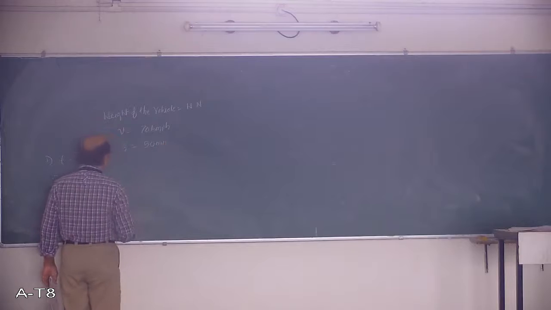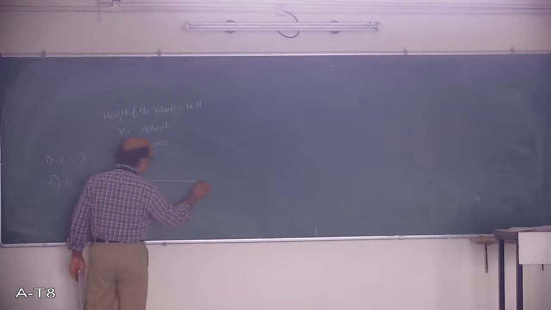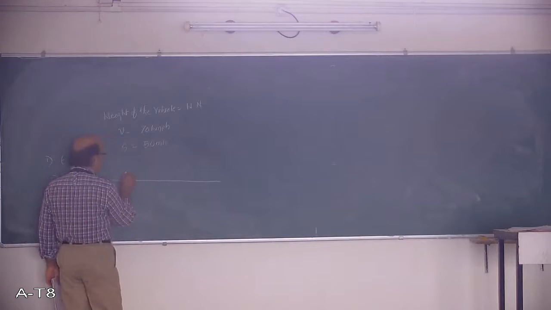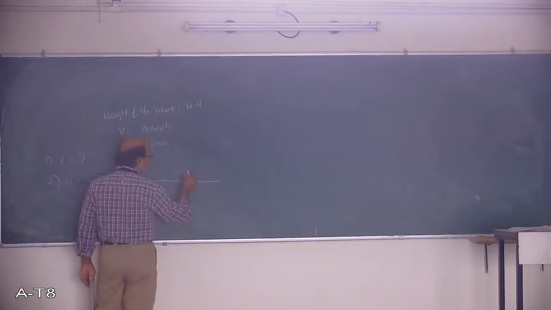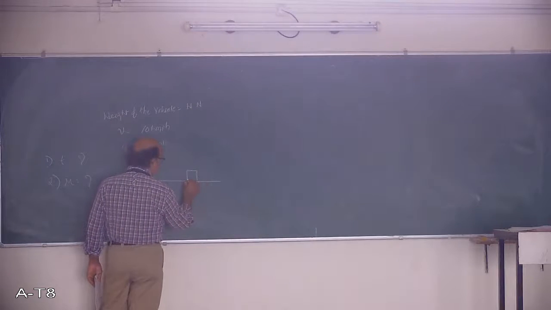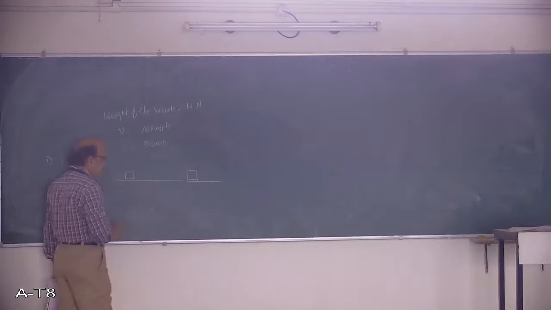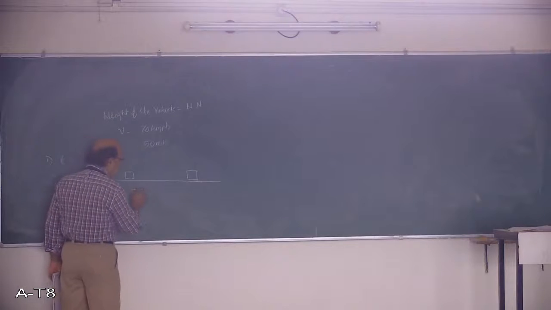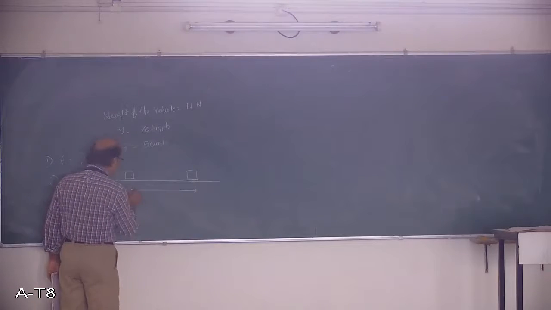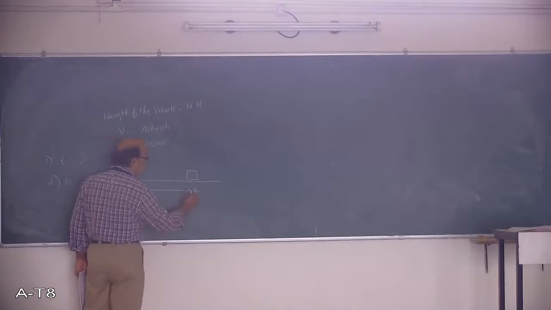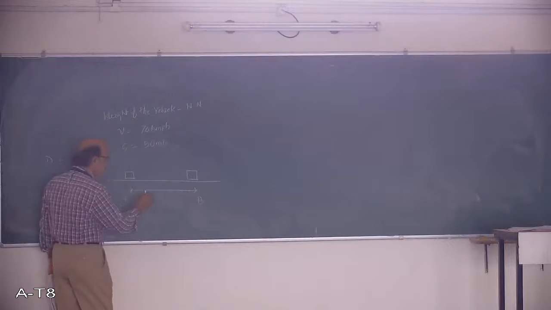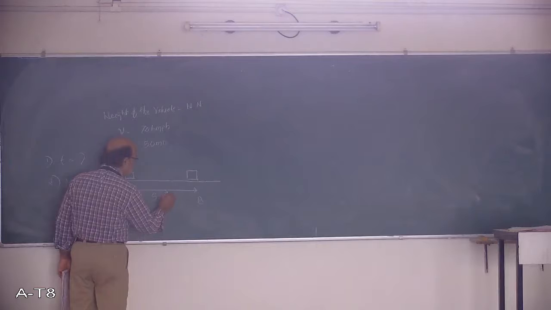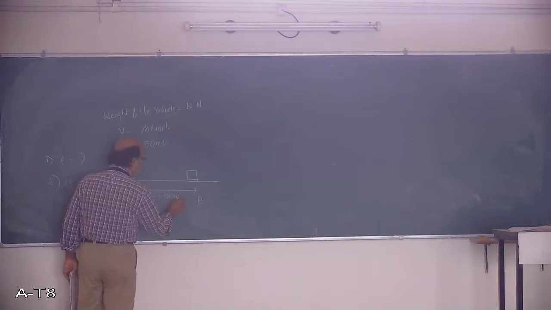Okay. So if this is a road surface, on which the vehicle is moving with a certain velocity and suddenly applies brakes, after applying brakes the vehicle travels a distance from A to B. A is the place where you apply brakes, B is where it halts. This distance S is 50 meters.